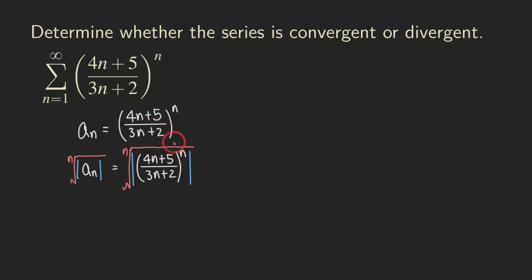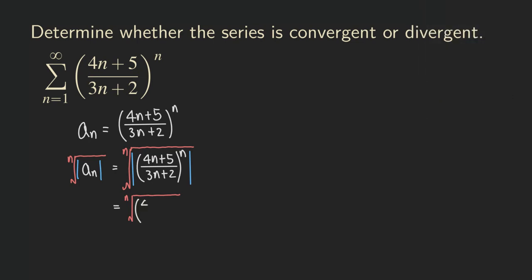Because our n values are starting from 1, 2, 3, 4, they're all just positive whole numbers, we are going to get a positive quantity here and then raise to the n power. The base is positive, the exponent is positive, and all that is positive. So we do not really need the absolute value anymore. And so in this case, we are going to just get the nth root of all that stuff.